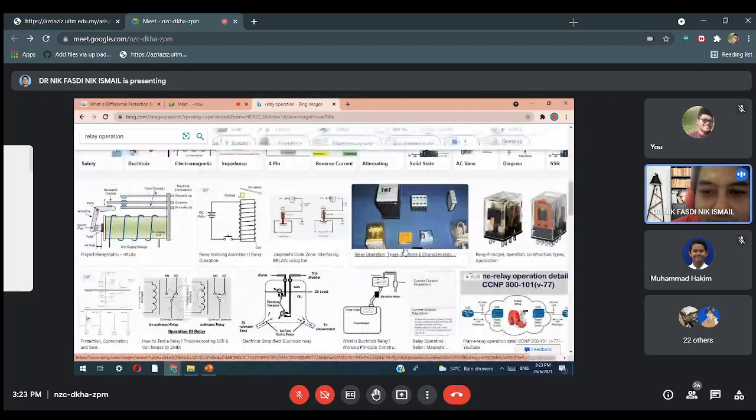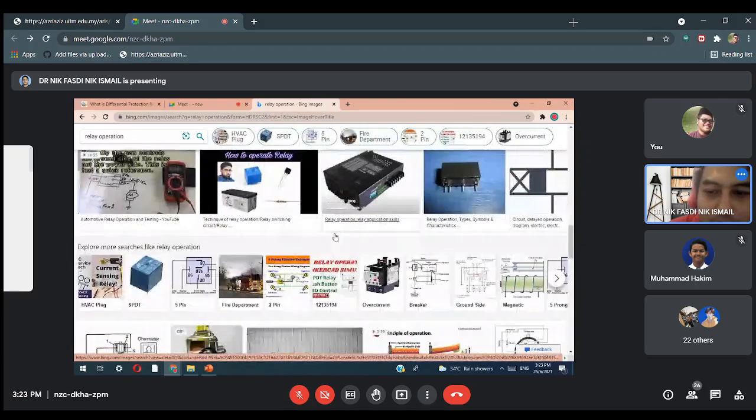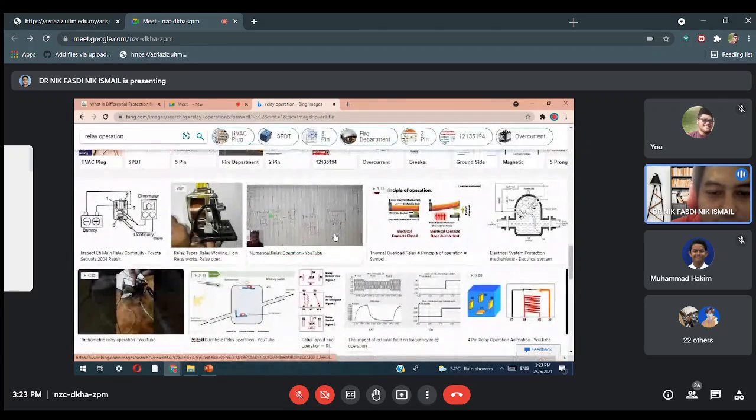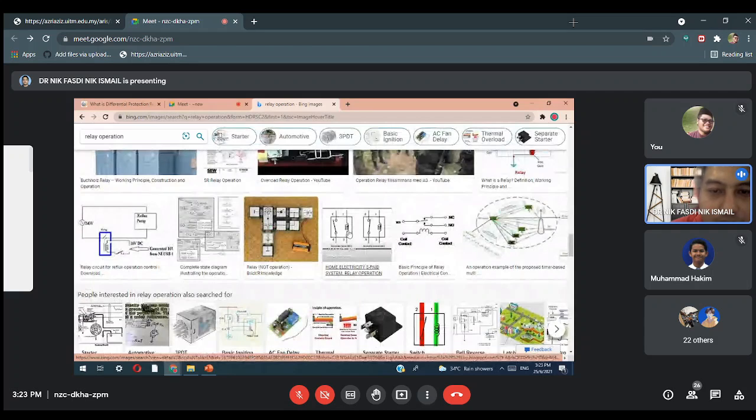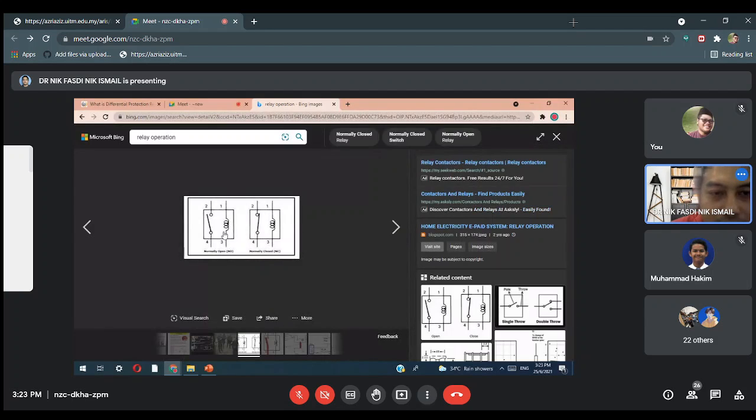There are so many types of relays, but basically the concept and operation are the same. A relay has a coil, and this is a simple structure for a relay. A relay usually has normally open and normally closed contacts. Normally closed is always closed. Normally open is always open.